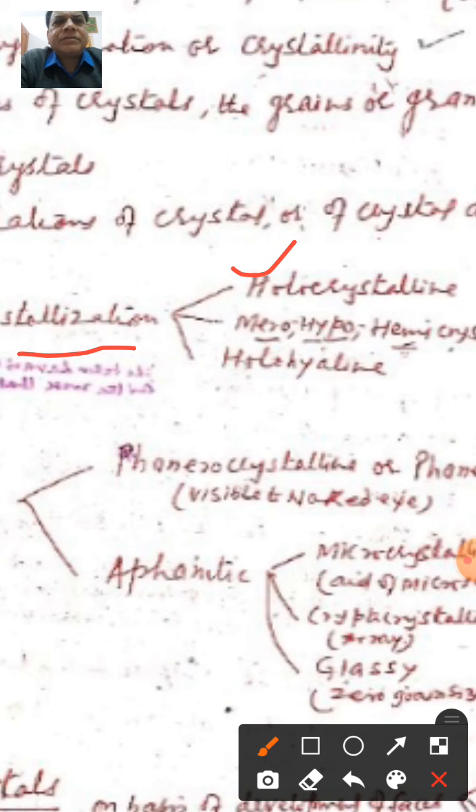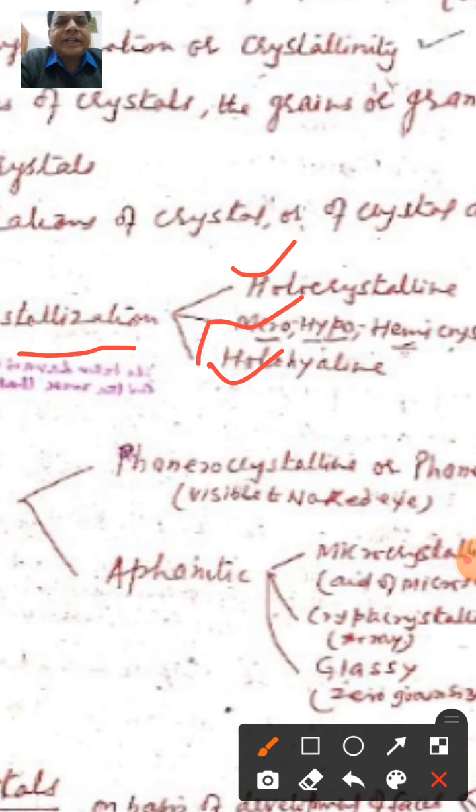There may be a case where the rock is totally glassy, then that will be holohyaline. And if it is a mixture of crystals and glassy matter, then we can call it by various names for the textures, such as merocrystalline, hemicrystalline. This is the third case.